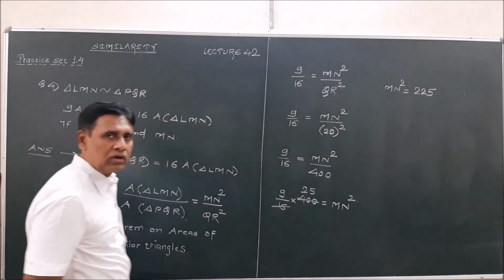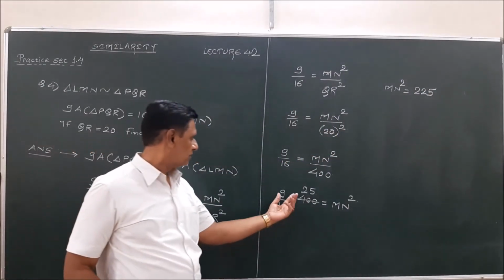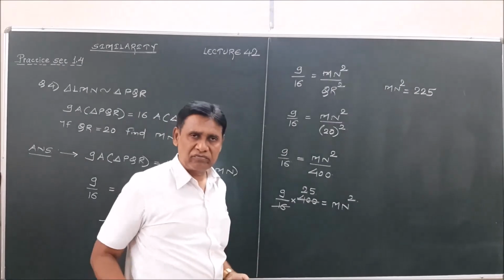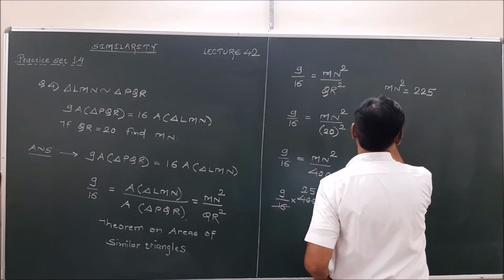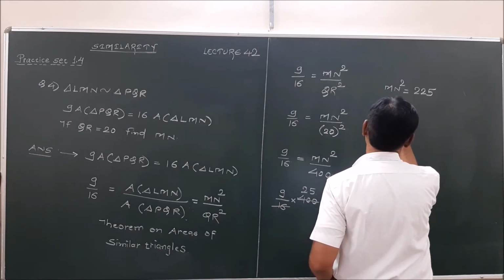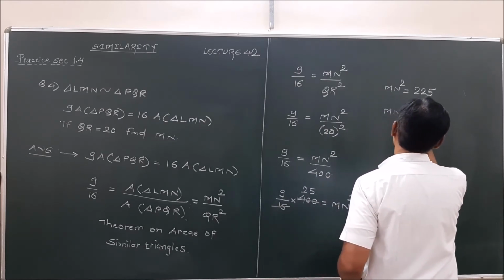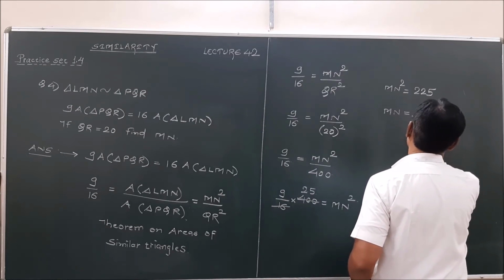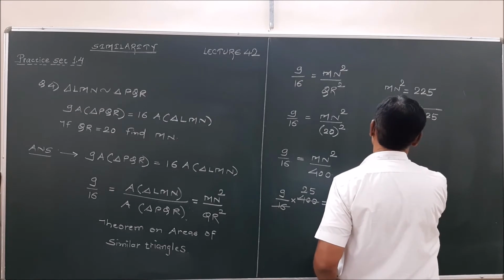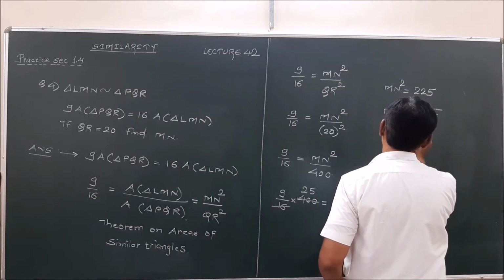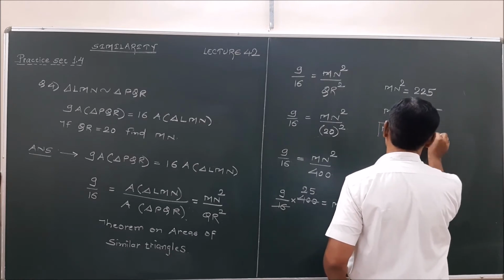Taking square root from both sides. So MN is root 225. So MN is equal to square root of 225, which is 15.